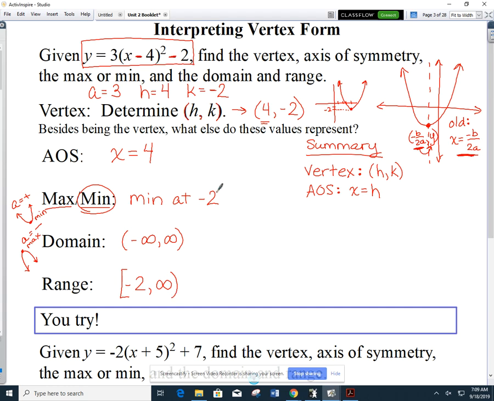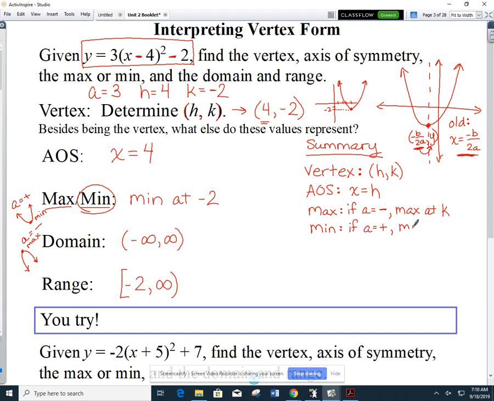We have max or min. It's a max if A equals a negative, then it's a max at what value? It's going to be whatever the K value is, or it's a min if A equals positive.